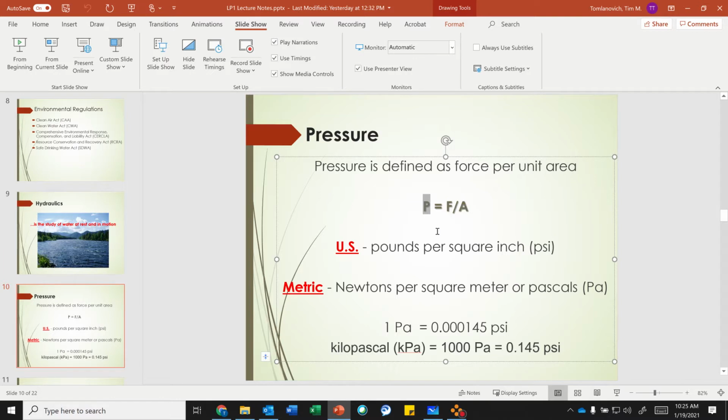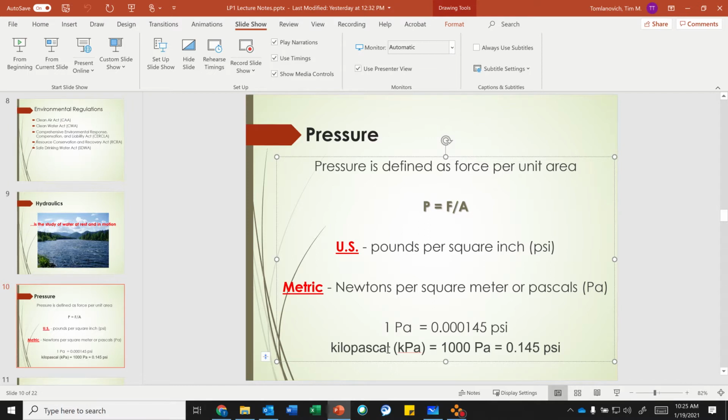So P stands for pressure, force, in pounds or kilonewtons, divided by an area. In US units, typically it's in pounds per square inch, PSI. In metric, it's in newtons per square meter, or that is called a pascal, Pa.